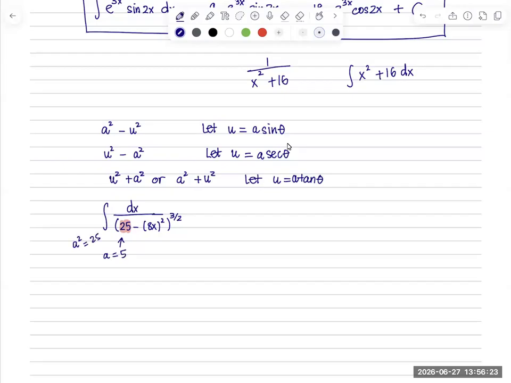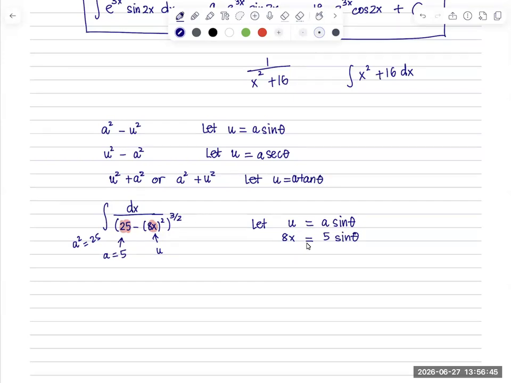And then where's my u? My u is 8x. So I'm going to let u equal a sine theta, and my u is 8x, so I will have 8x equal 5 sine theta. Okay, so this is the trigonometric substitution.